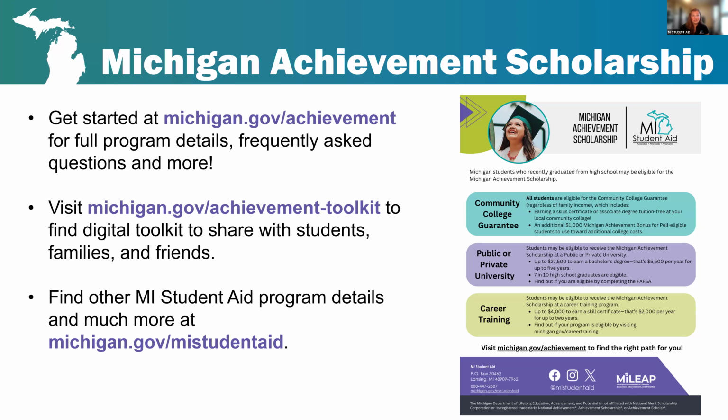Now with the Community College Guarantee, there is no income requirement for this. So basically what this means is for our class of 2025 students that many of you are working with, once they graduate high school, they're automatically eligible for the Community College Guarantee. They just need to complete that FAFSA. So again, this is a way that we can connect things for students by offering some of this programming in the fall as we're leading up to FAFSA, and then being able to say, hey, remember that Community College Guarantee that we talked about?